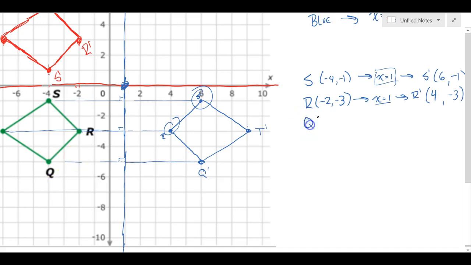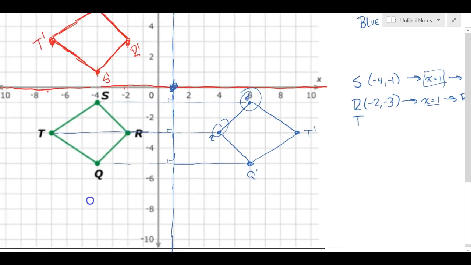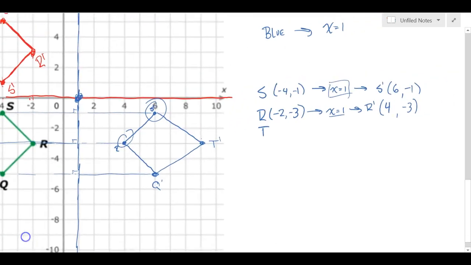Do it one more for you. We'll do Q. Q was actually, let's do one that doesn't have any of the same values. Let's do T. So T was at -7, -3.